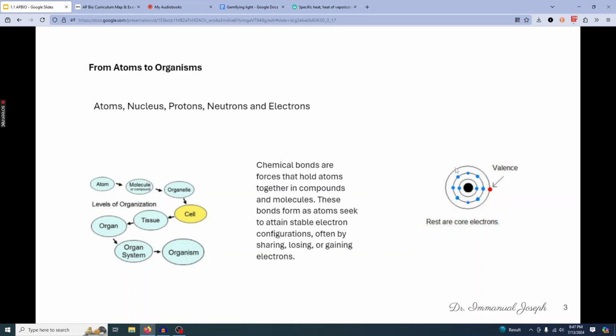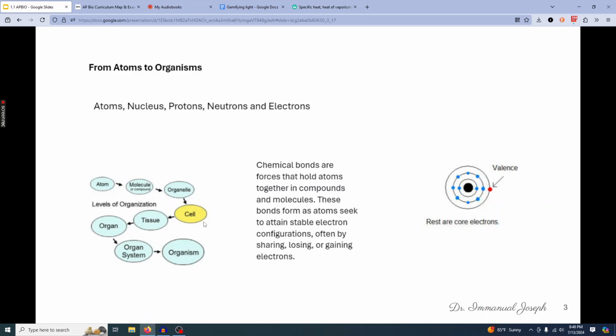And then the electrons are distributed in the space called an electron cloud around the nucleus. Atoms come together to form molecules and compounds, and then they organize into organelles, which are subcellular structures that come together to make a cell.